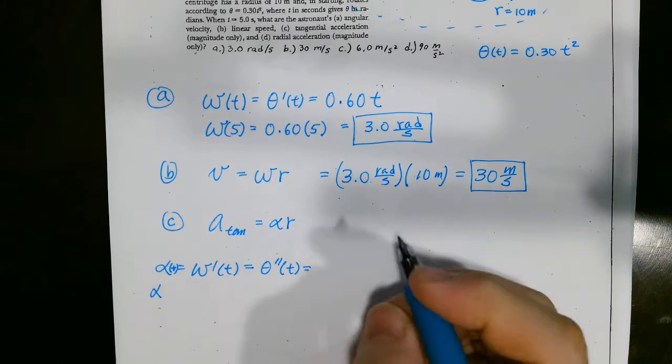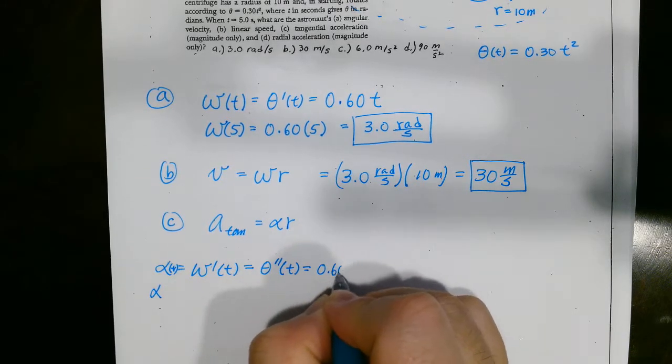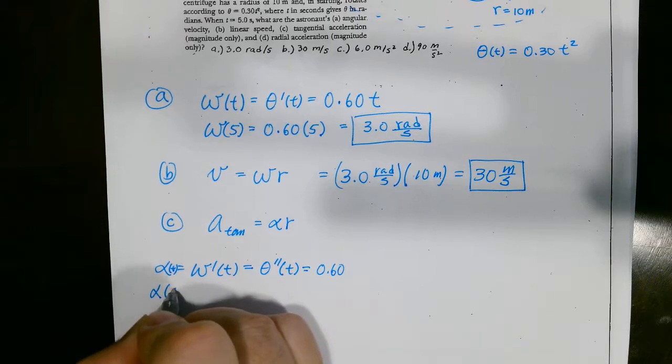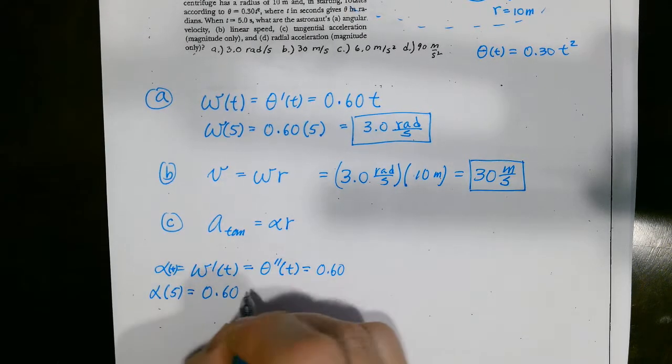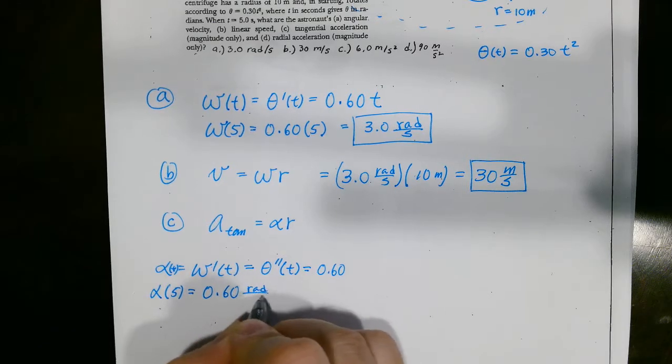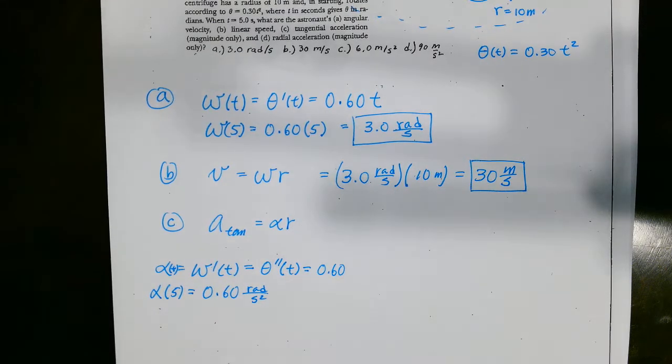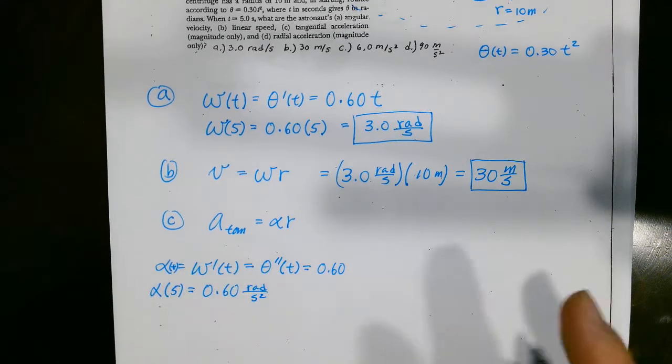That is equal to 0.60, so alpha at 5 seconds is still just 0.60 radians per second squared. So what is my a tangential?